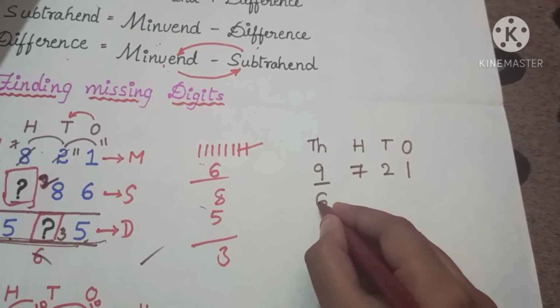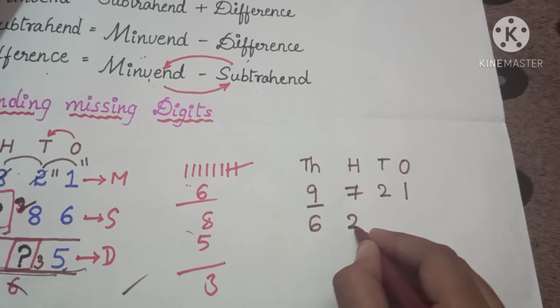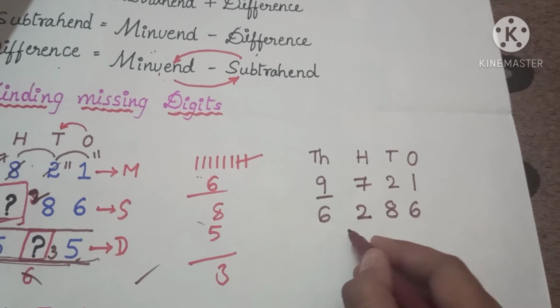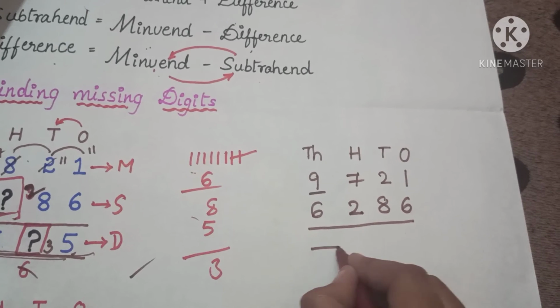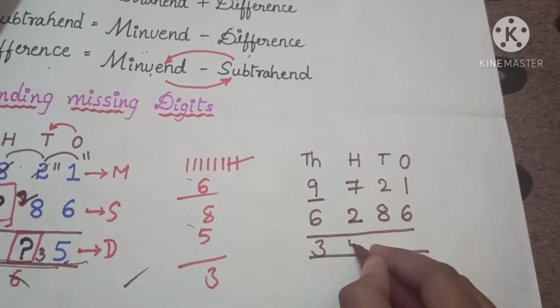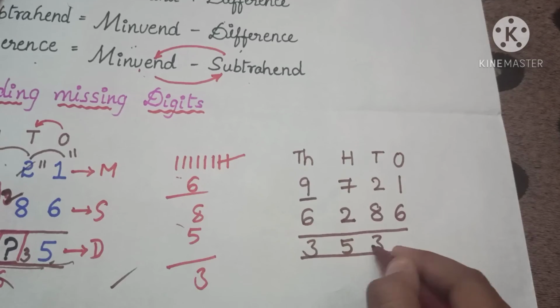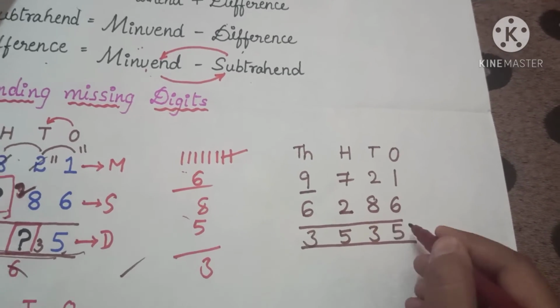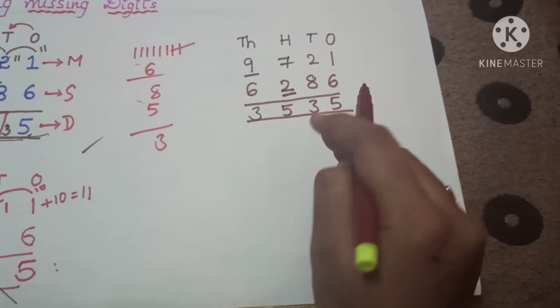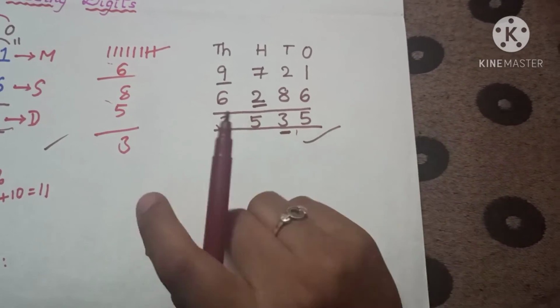Next, 6, 2, 8 and 6, where we get the value 3, 5, 3, 5, where this is again the missed digit. Now the obtained value is right.